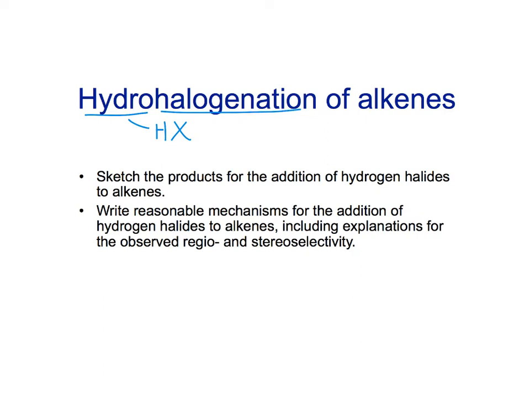After you've watched this video, you should be able to sketch the products of the addition of hydrogen halides to alkenes and be able to write reasonable mechanisms for the addition of hydrogen halides to alkenes, including explaining observed regio and stereoselectivity.